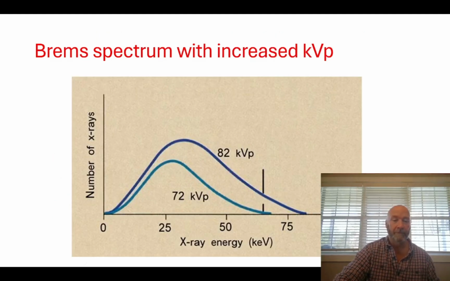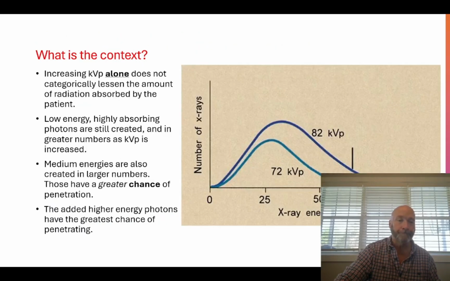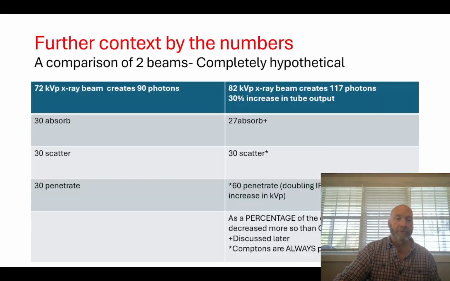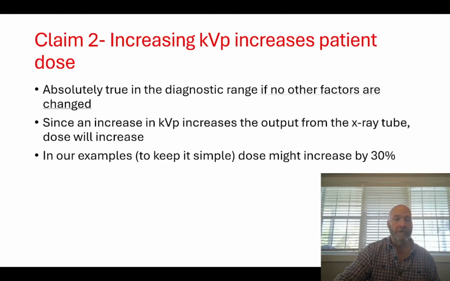The filtration changes where we start our minimum, but with the change in kVp, we get an increase in height, it pushes towards the high energy side, we get an increase in peak energy, and then it determines again whether or not we have a characteristic spectrum. If either one of these spectra ended right here, we would not have a characteristic spectrum. So that was the first claim, and we went through in the first video why some of that stuff was confusing.